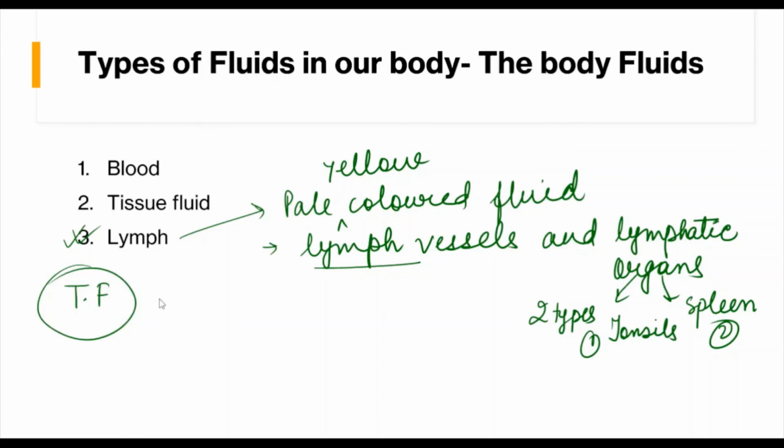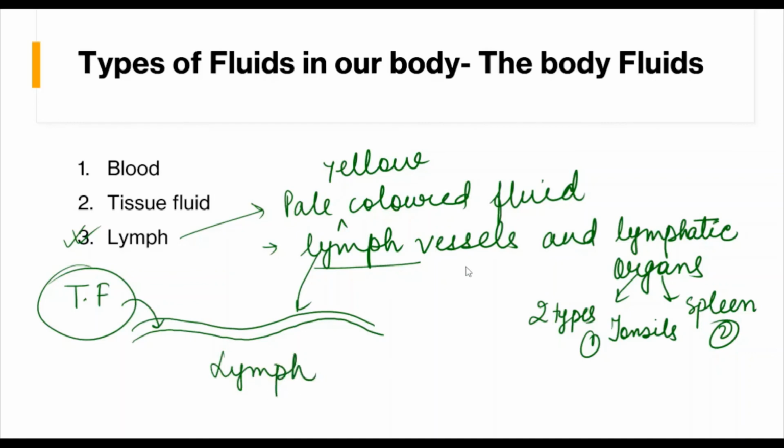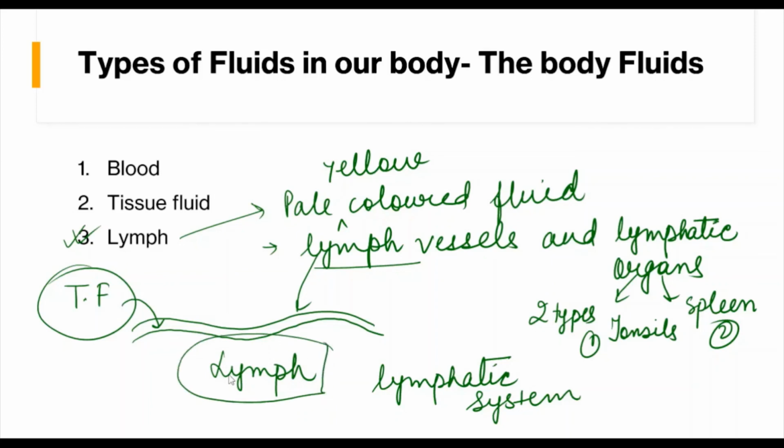Now, when this tissue fluid enters special vessels, known as the lymph vessels, then it is known as lymph. So as soon as tissue fluid enters the lymphatic vessels, or more specifically the lymphatic system, what do we call it? We call it lymph. I hope you all have understood.